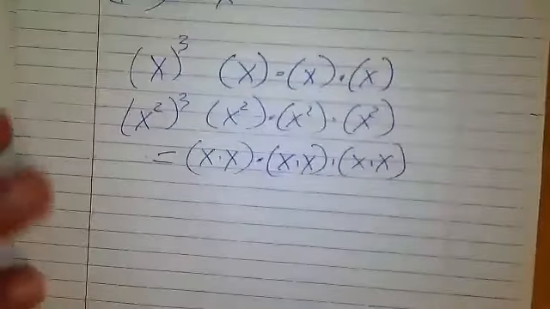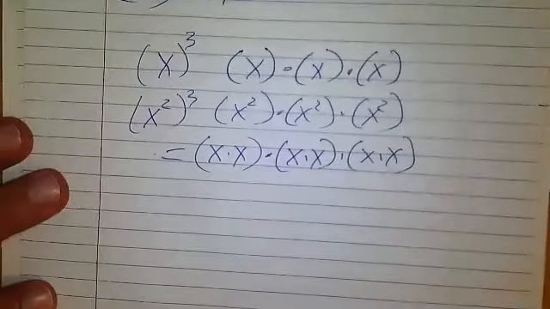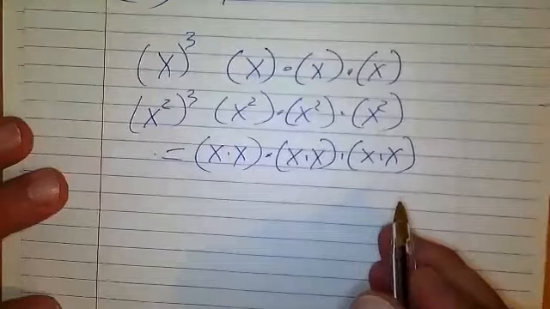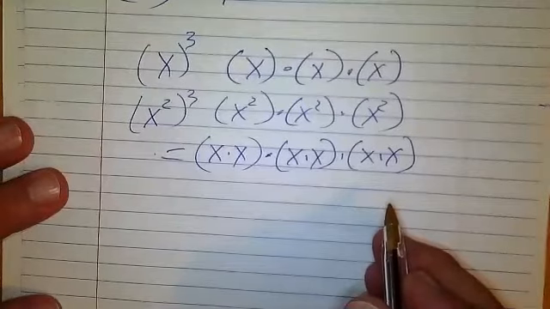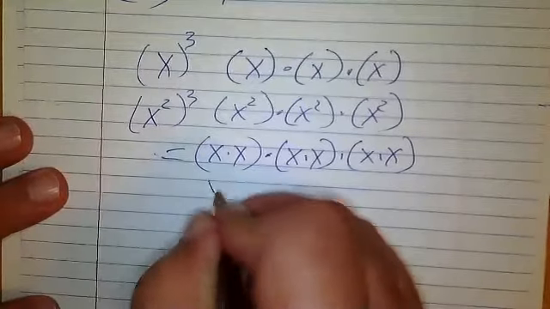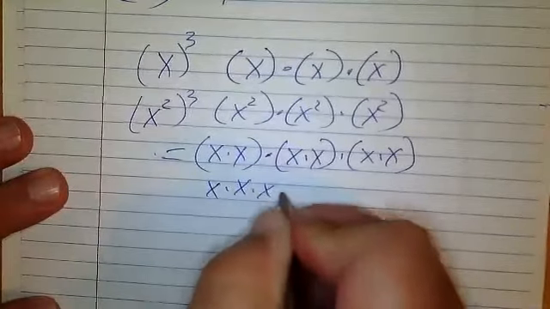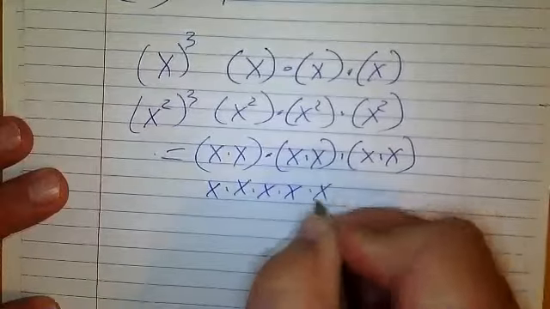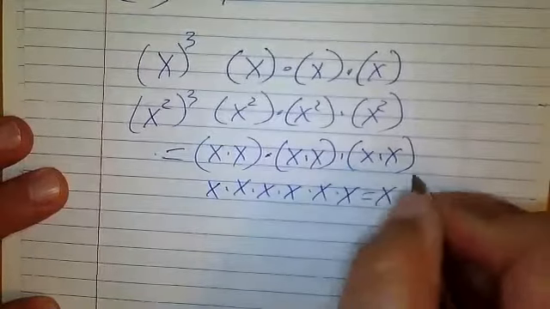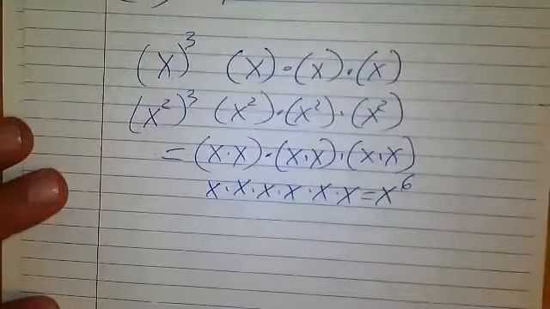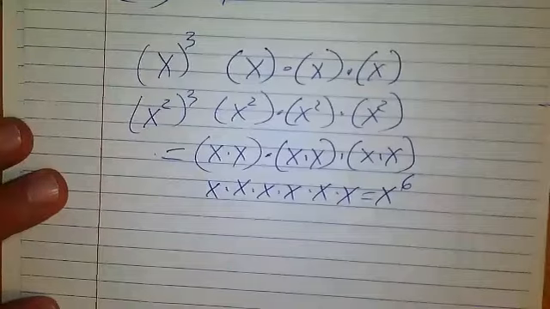Doesn't it literally mean that? Yeah. Now, do I need any of these parentheses since everything's multiplication? No. So it's just going to be x times x times x times x times x times x, which is going to be x to the 6th, right? Yeah. Does that make sense now?